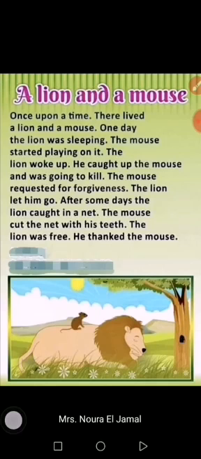So here, the lion wanted to eat the mouse at the beginning of the story. Then after that, the lion left the mouse. He left the mouse to be free. After that, the mouse helped the lion from the hunter.